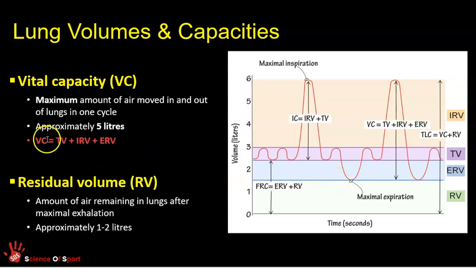So if you look at this, vital capacity is your inspiratory reserve volume, the yellowy stuff, in this one the tidal volume, your purpley stuff, and in this one the bluish volume, the expiratory reserve volume. So it's those three factors, not residual volume.